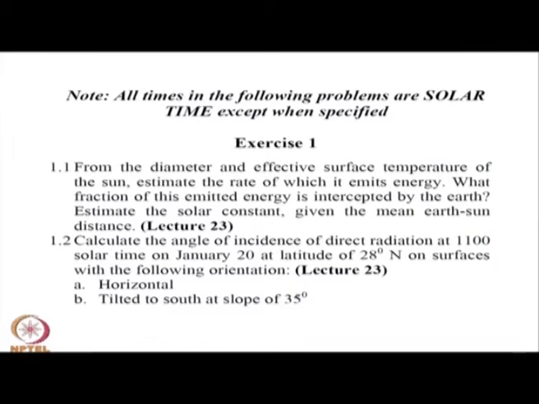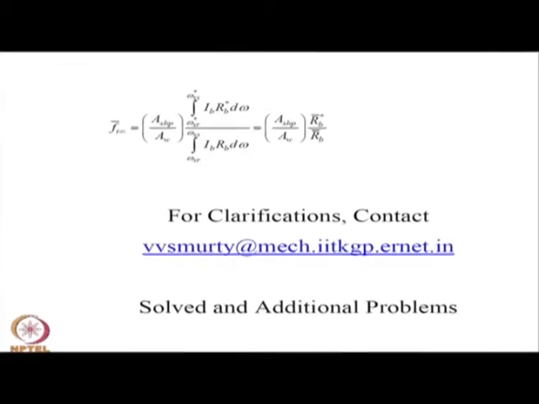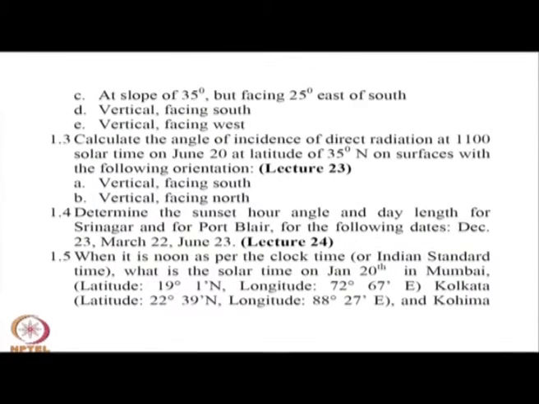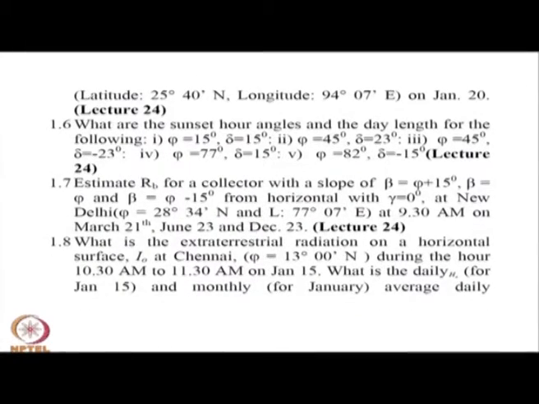So, first from the diameter of the effective sun, etc., we have made calculation, different angles of incidence, these are all under exercise 1. Then direct radiation, sunset hour angles show essentially the difference between the days and how latitude affects these things, and similarly the day lengths are calculated here.